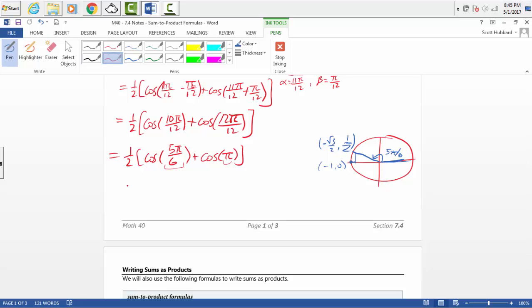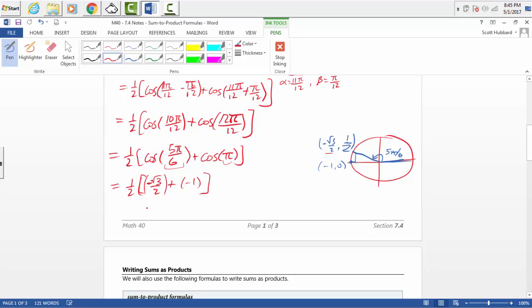So we get 1/2 times cosine of 5 pi over 6, whose x value is negative root 3 over 2, plus cosine of pi, which is negative 1.